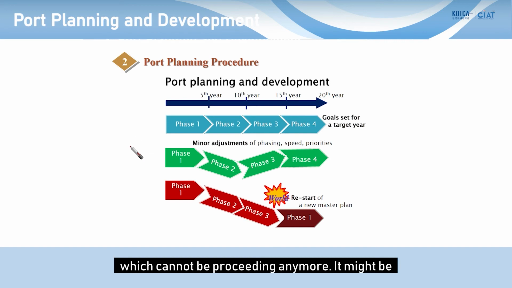It might be an economic crisis from political reasons, climate change, war, or disease, pandemics such as COVID-19, etc. We should adjust the plan. Most plans are usually 10-year based or 20-year based for the master plan. In Korea, we have a 10-year master plan progressive. Why should we adjust the plan?